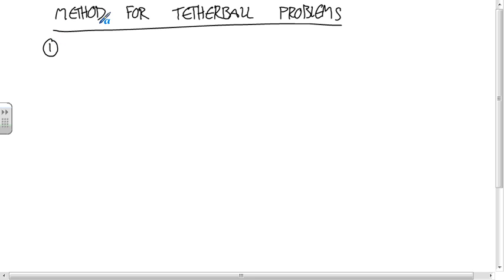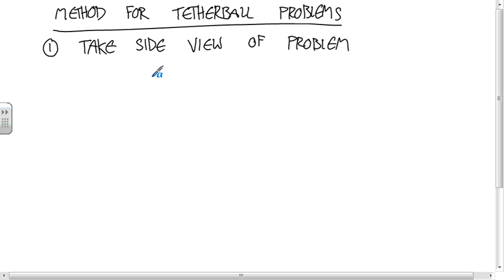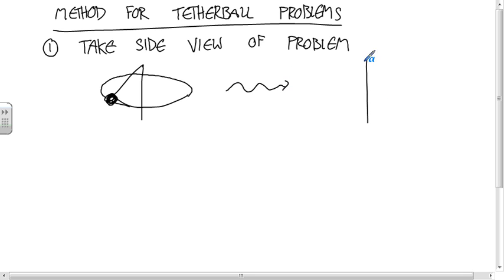With tetherball problems, instead take a side view. So if the object is following a circular path like this, take a view, and it doesn't matter which side unless the problem specifies something about that. But just imagine looking at it directly from the side.